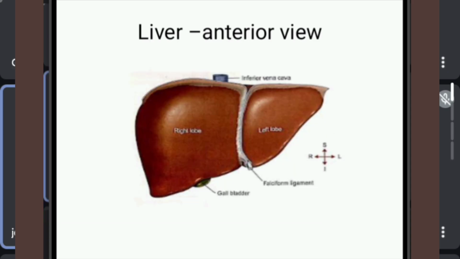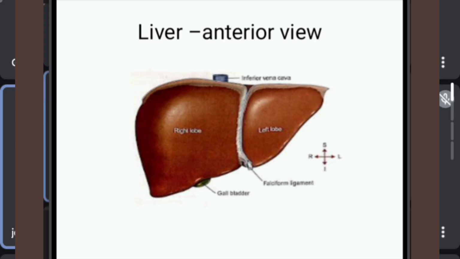You can see the liver there, the anterior view, that is looking at it from the front. You can see there is a right lobe, which is usually larger. Then we have the smaller left lobe. But of course, it's actually divided into 5 lobes. The other 2 lobes on the posterior side of the liver, I will show in the next diagram. Then you can see beneath it there is a gallbladder, just underneath the right lobe.